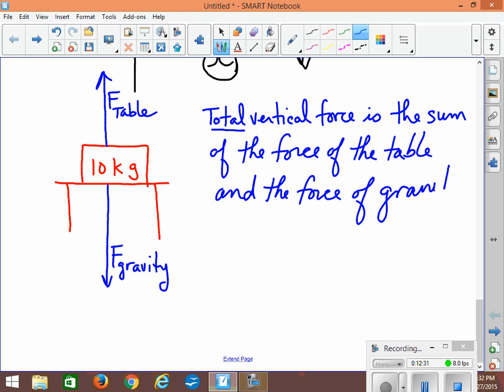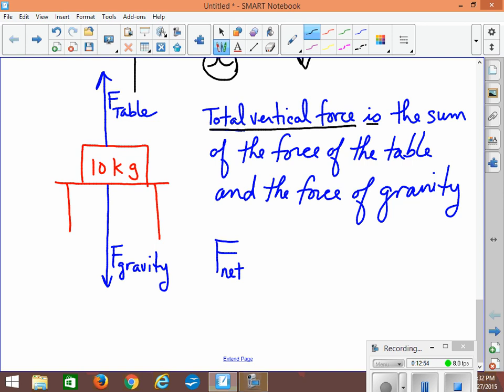So what I'm going to do is use our good friend mathematics to rewrite this. Total force is what we call net force. Remember, the word net means total. So I'll take this part right here, the total vertical force, and I'll replace it with F net. And then it said is.